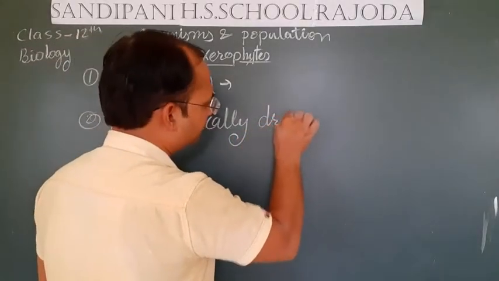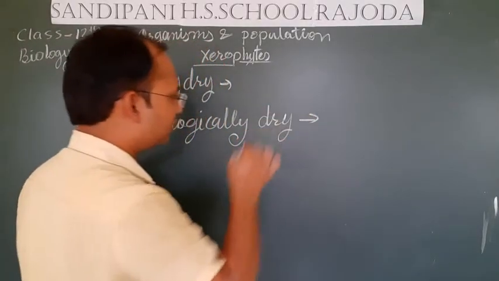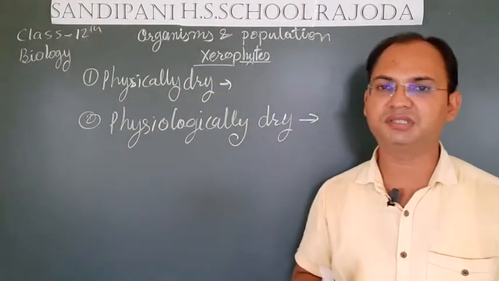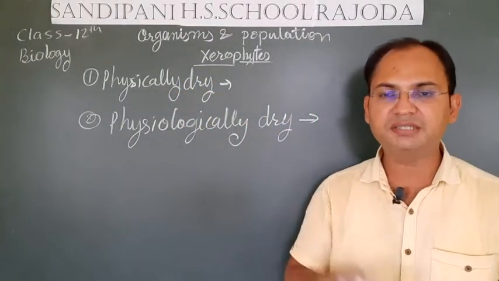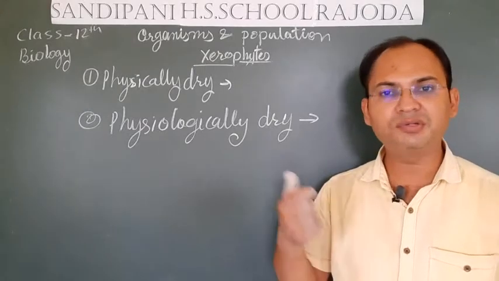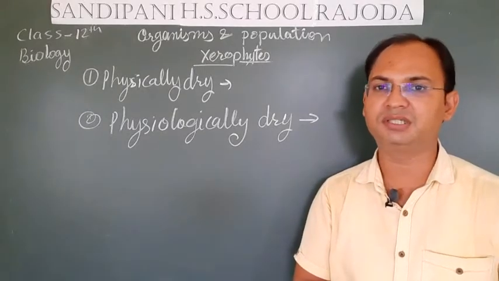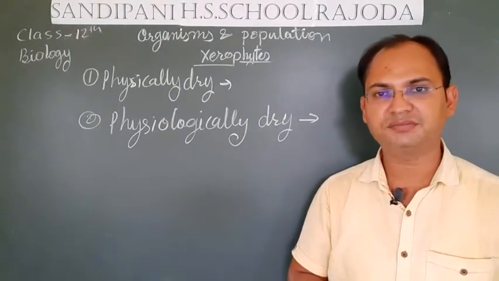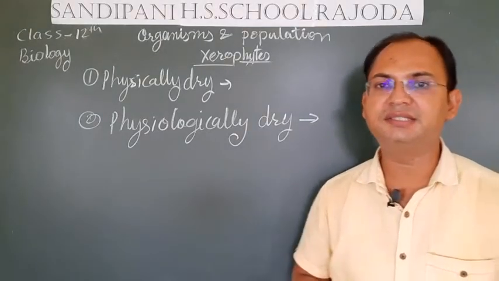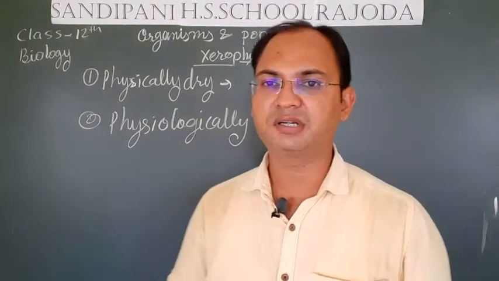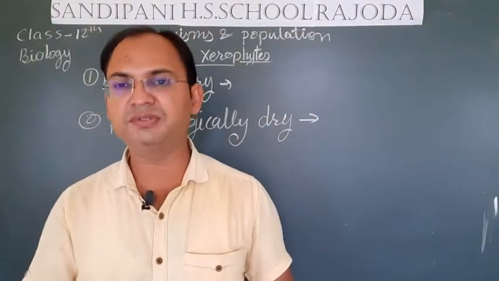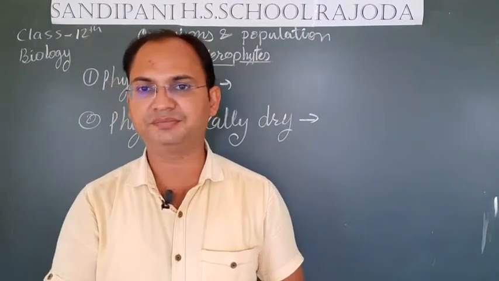Physiologically dry habitats are habitats in which an adequate amount of water is available, but it is not useful for the plants growing there because of the salinity or acidity of the water. The water may be so acidic or salty that the roots of the plants cannot absorb it.